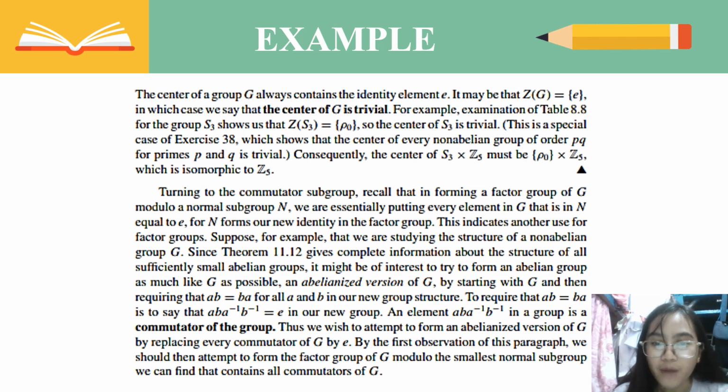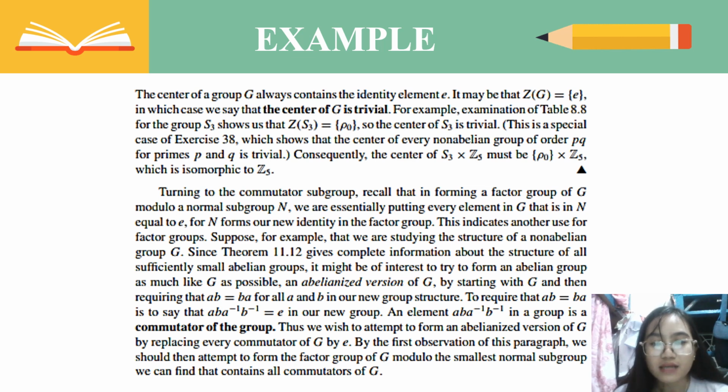Suppose we are studying the structure of a group G. Since Theorem 11.12 gives complete information about the structure of all sufficiently small abelian groups, it might be of interest to try to form an abelian group as much like G as possible.